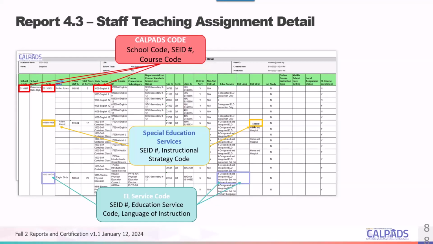The education service code tells us what they are providing, what kind of instruction they're providing to students. And if primary language of instruction is the education service, then the primary language of instruction is going to be compared to the student enrollment to ensure each student has the corresponding primary language. You don't want to have Arabic speakers in a Spanish primary language of instruction class, right?